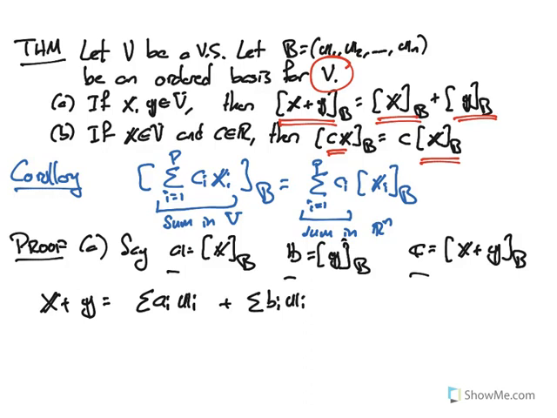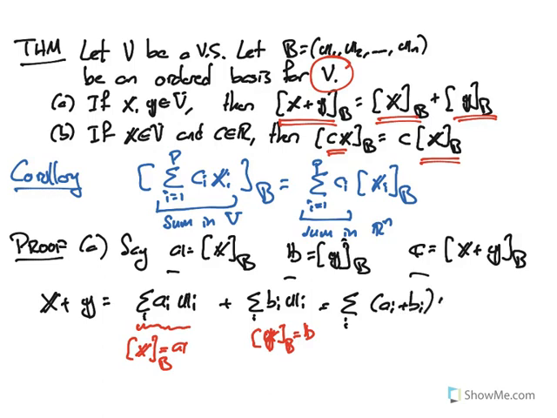So here I use that the expansion coefficients of x is A, and the expansion coefficients of y are B. Okay, now just by linearity of the sum, we get that this is sum Ai plus Bi times ui, like that.